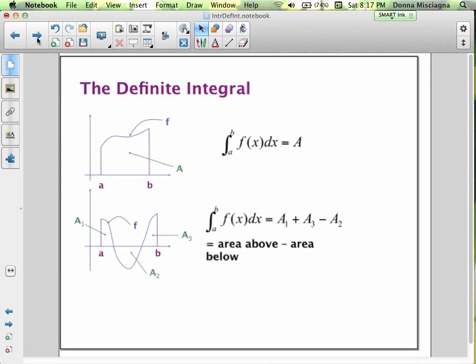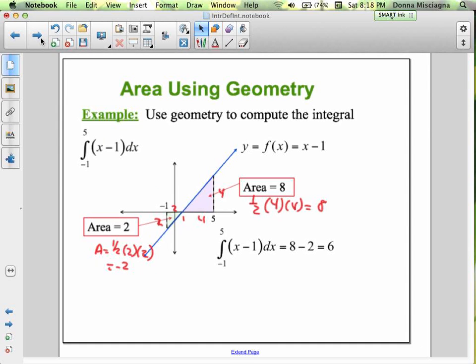So the integral of f of x dx evaluated from A to B is going to be that first area, A1, plus that third area, A3, minus the area that's below the x-axis. So it's going to be the area above minus the area below. So that automatically happens if we don't split the areas up.